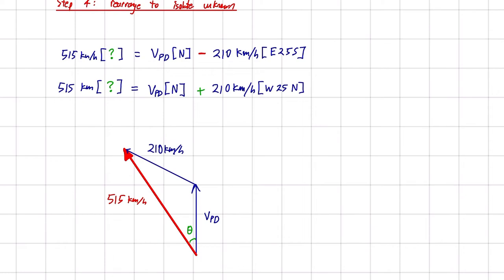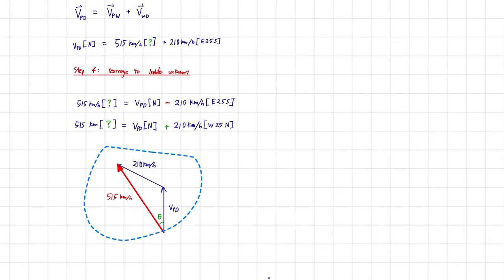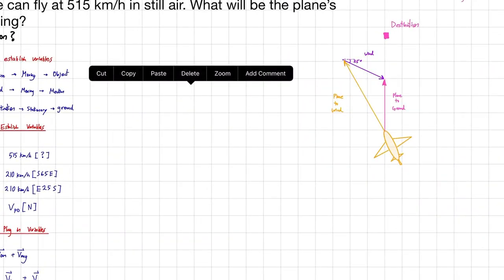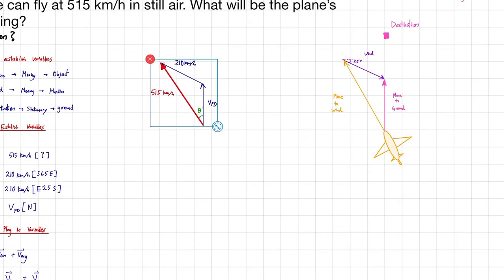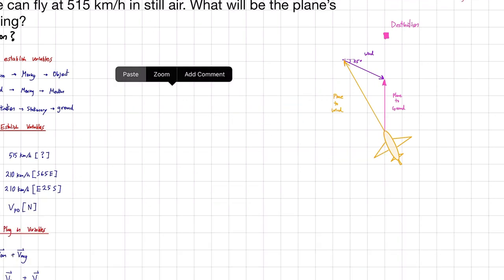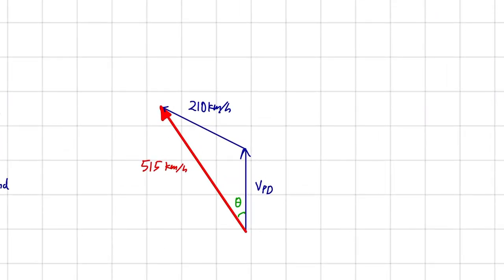This green here represents our unknown angle. All right? So what I'm going to do is bring this up here. I'm going to copy it and paste it up here so we can continue working. Bear with me here. I'm going to paste it up here, and this will bring us to step 5.